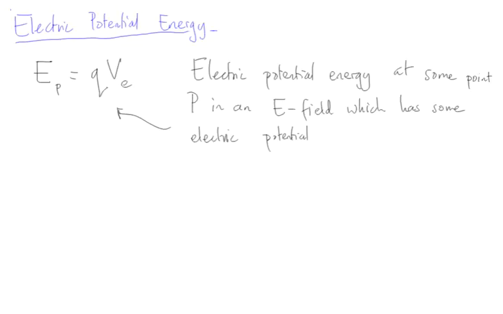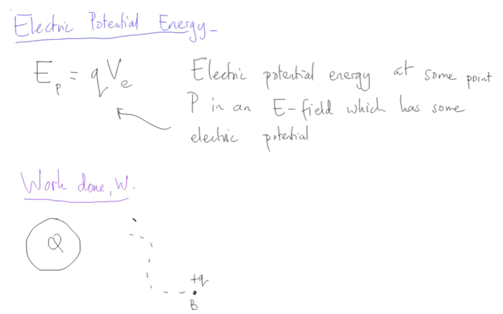Now, in order to find out the work done, W, say now we have a charge here, Q, and we bring a positive test charge from a point B, regardless of path, to another point A, then the work done is equal to the charge times the change in electric potential.